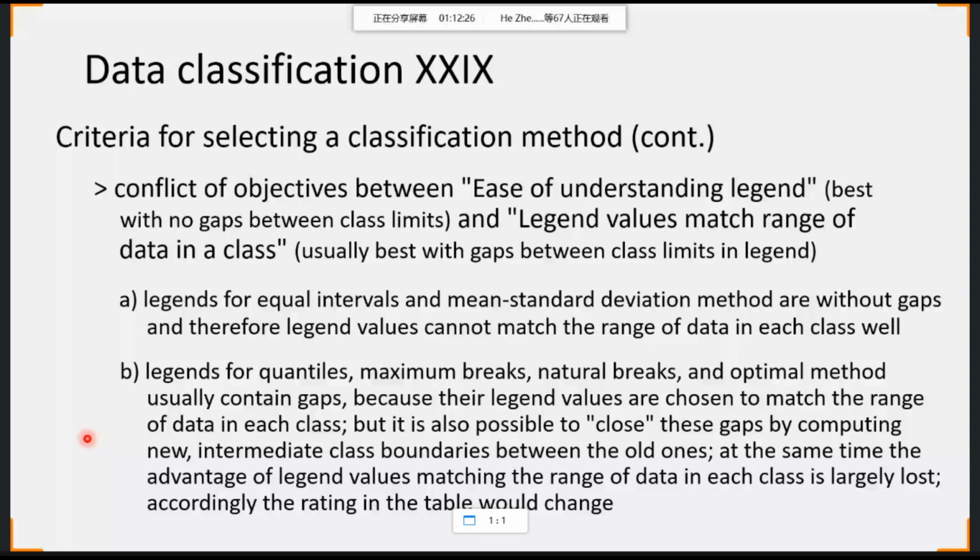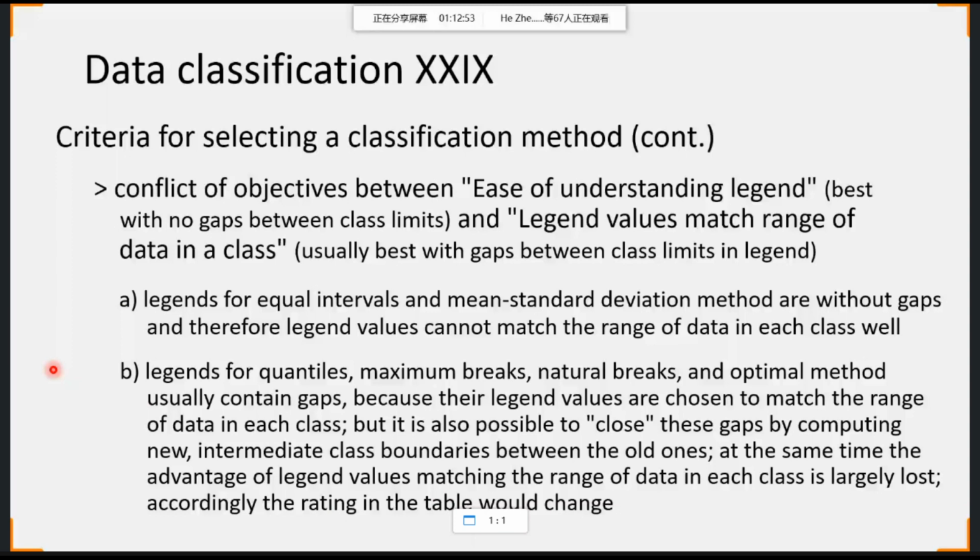But it is also possible to close these gaps by computing new intermediate class boundaries between the old ones. At the same time, the advantage of legend values matching the range of data in each class is largely lost. Accordingly, the rating in the table would change. But this depends on how you see the situation, what you prefer for your users.